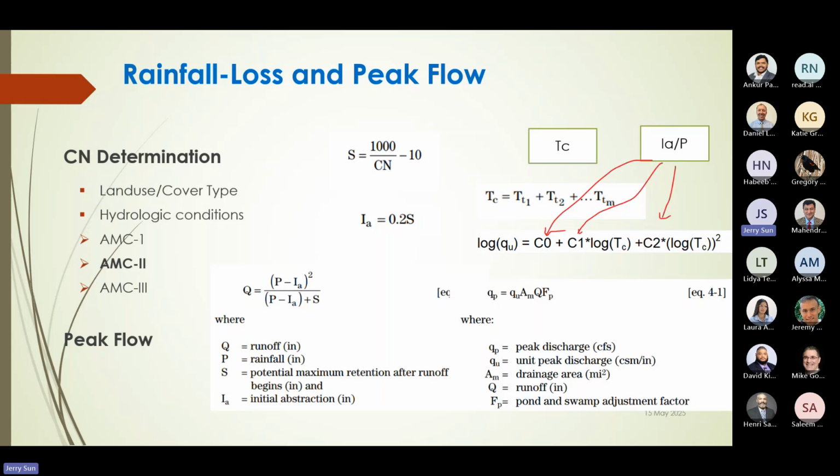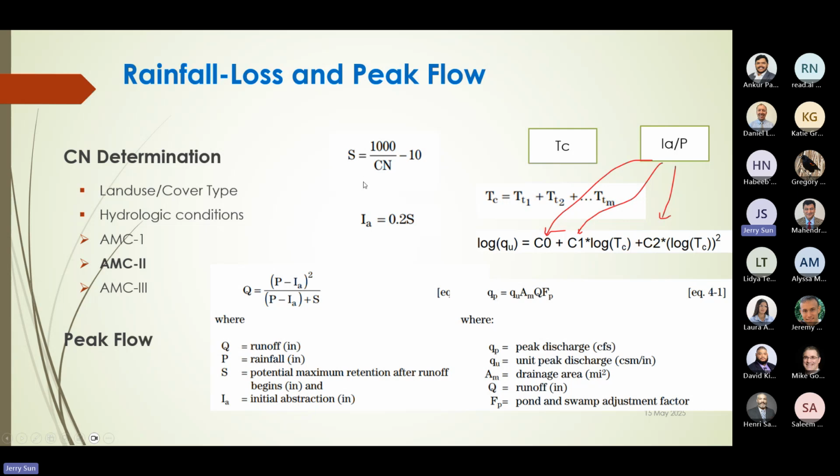That's the CN. If you look at the land use type and the CN number, they call it hydraulic conditions. They point out the ARC 2. Of course, NRCS has standard tables to convert 2 to 3 for each of the CN numbers. So we don't need to talk about it because we focus on ARC 2 CN numbers.